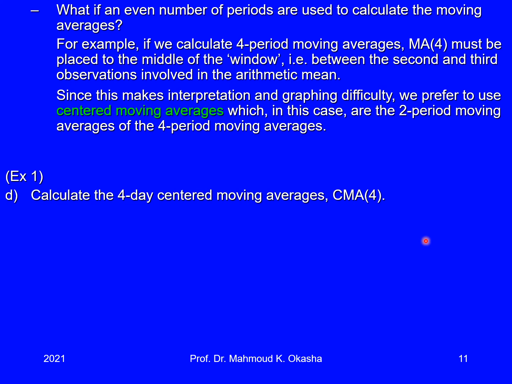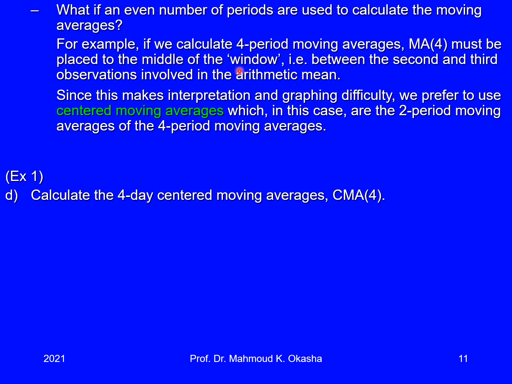So in order to put the result in the middle, we have to make another moving average for the series, a centralized moving average.